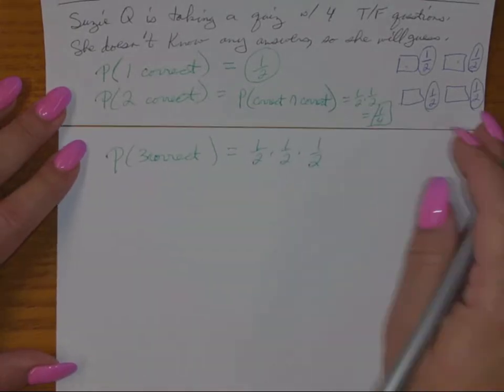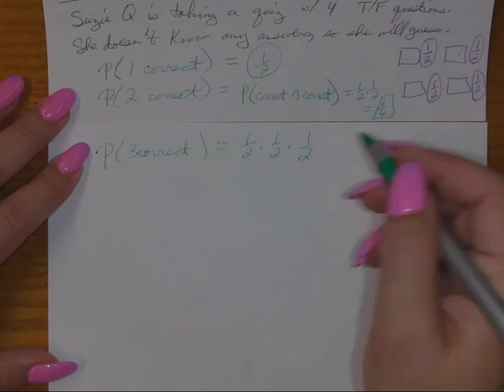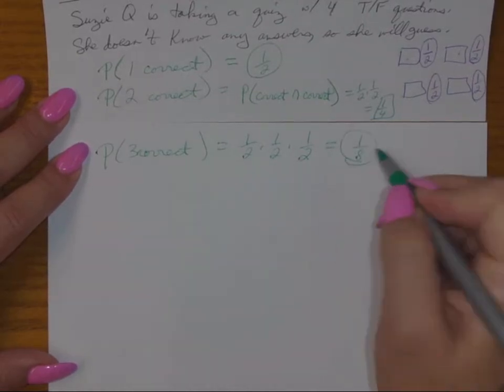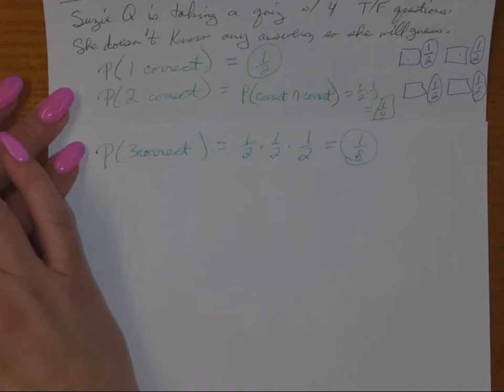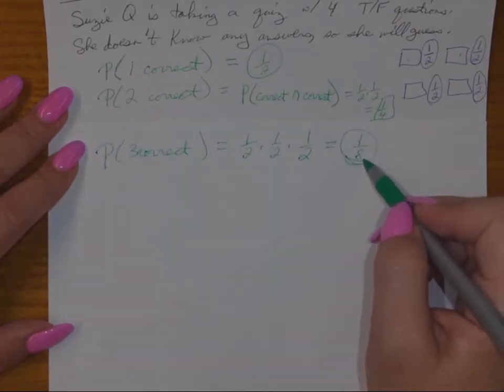I hope everybody sees what I'm doing here. So that's 1/8. 1 in 8 chance that you guess on 4 questions and get 3 of them correct. That's only like 12.5%. It's very low. It's unlikely to happen.